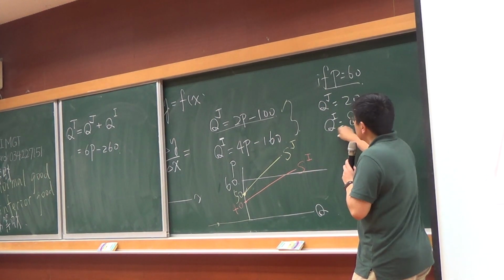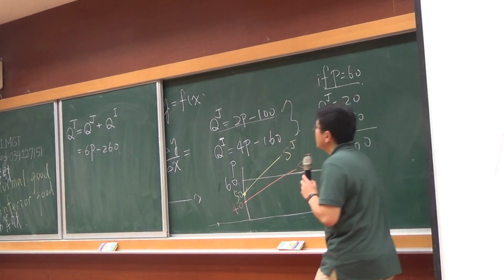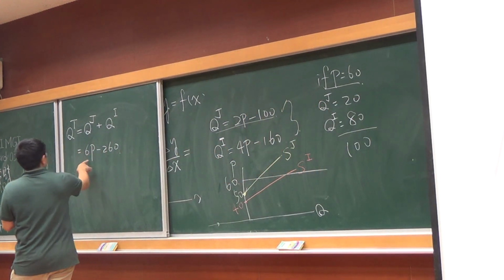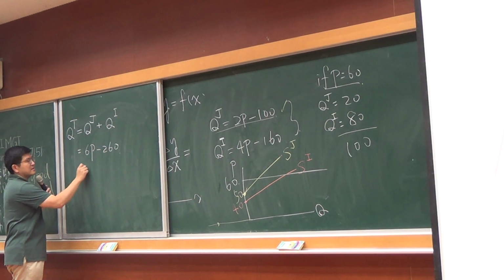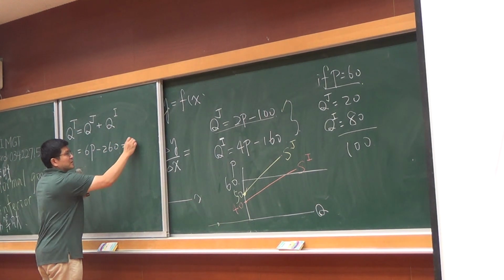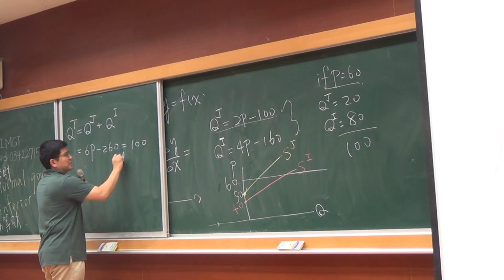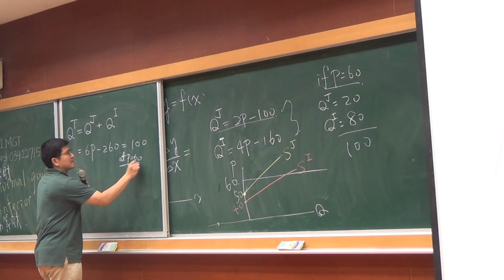So it should be 100, right? When P is 60, it will be 360 minus 260, which is 100.